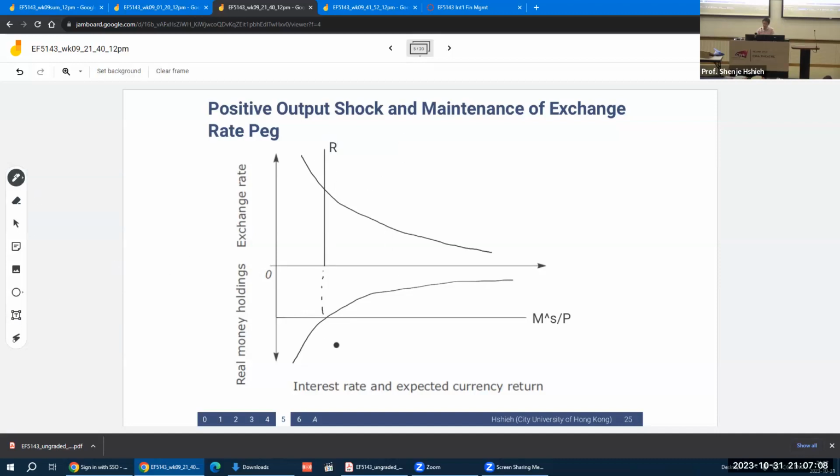A positive output shock is an outward shift in the liquidity preference curve. Agree? Because it's L(R, Y). So if Y shifts out, then you must have higher interest rates, specifically here.